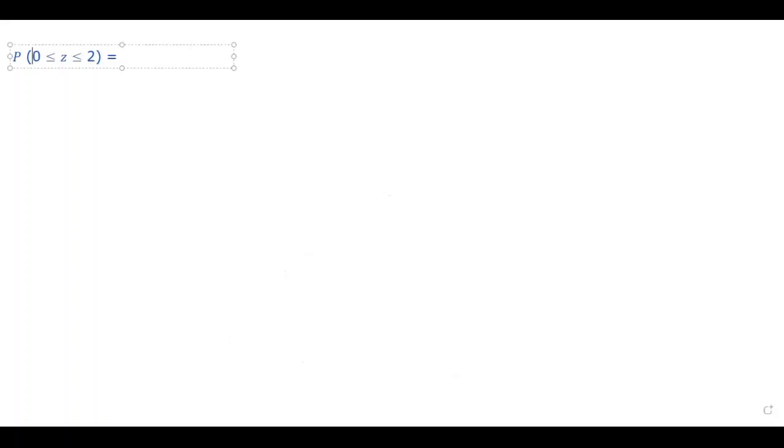So you first of all draw a curve for the question given. So this one is already in Z value, so you don't need to standardize. But if it were to be X value, that one you are supposed to standardize before you draw your curve and find it on what? The table. So all the standard normal distribution, as I said, the mean is what? 0. So mean is 0.